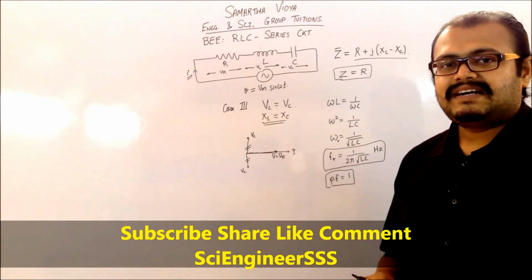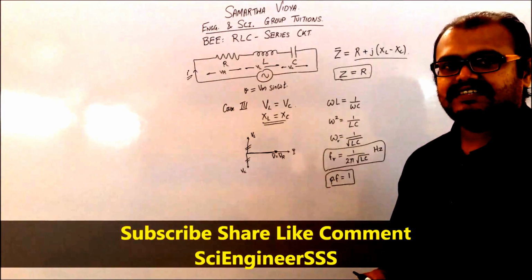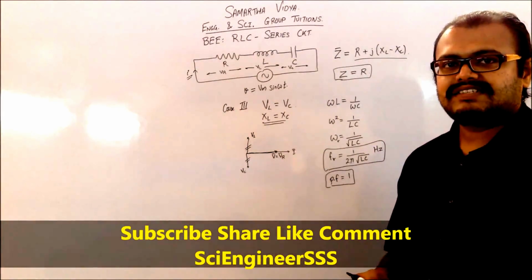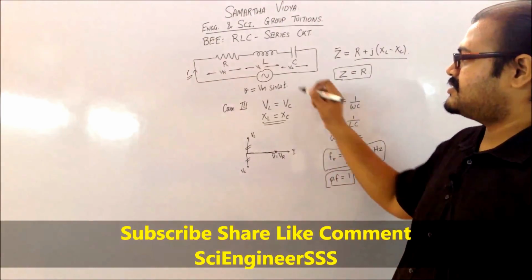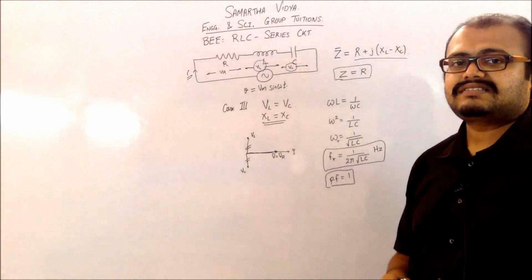The other thing which will occur during resonance is voltage magnification. Now what do you mean by voltage magnification? The voltage magnification is going to occur at your inductor and capacitor.